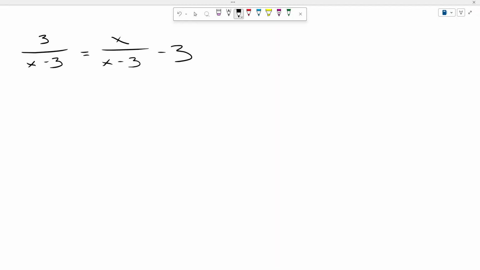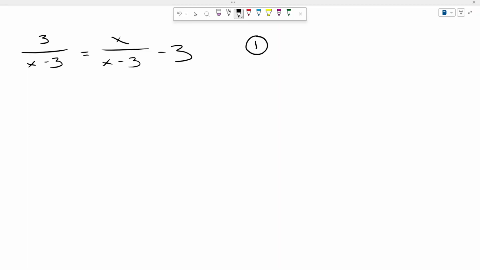If we were given something like this, we look at it and see, okay, we have our x variable in the numerator, but we also have it in the denominator. So this is definitely going to be a rational equation. The very first thing that we want to do before we even start solving this is figure out what x can be.